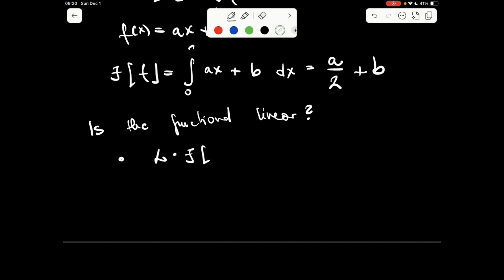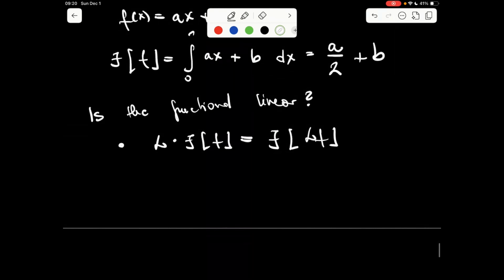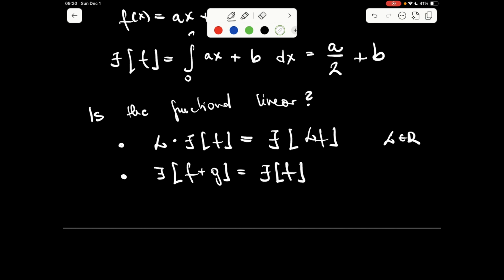Alpha times the functional must be equal to the functional over the function times this real alpha, which is a transformation of the original function, and the functional over the sum of two functions is the sum of the functional over each function. We need to check if these properties hold.